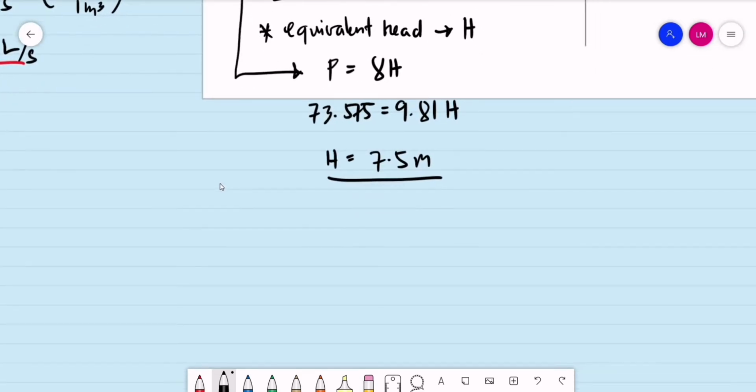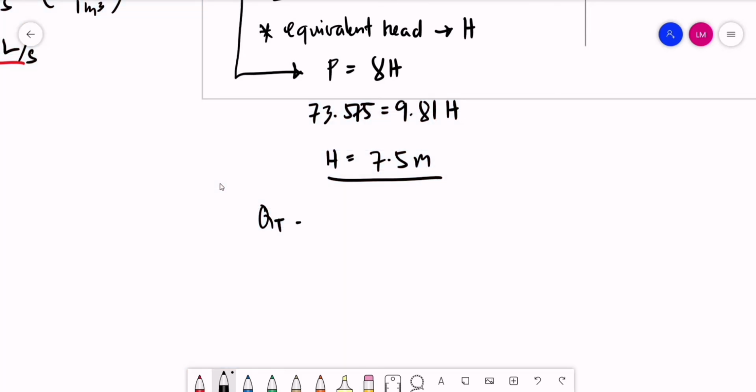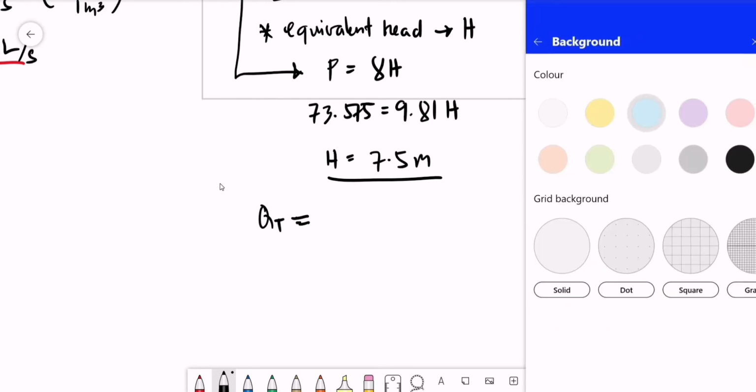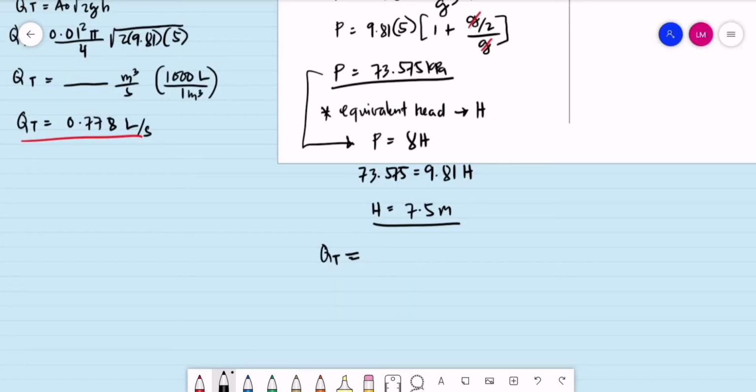So, we have the theoretical discharge is equal to the area of the orifice, the theoretical velocity, or equal to the area of the orifice, the square root of 2g h.